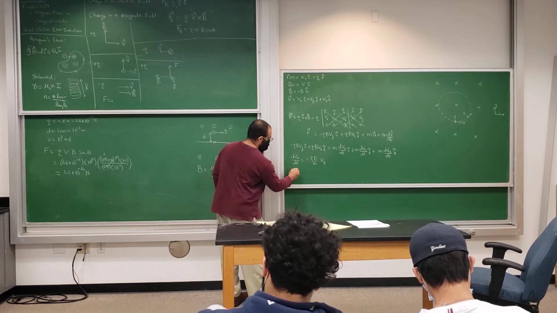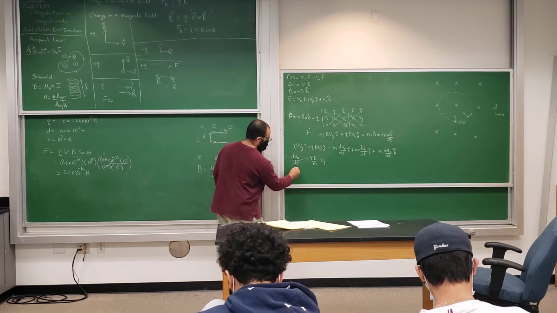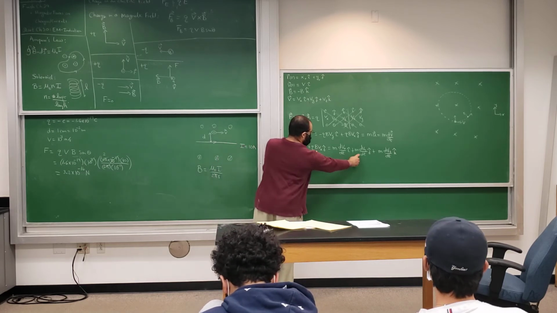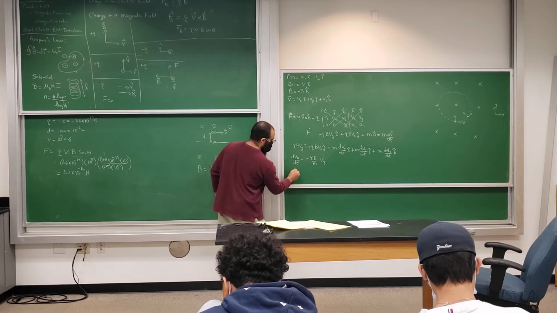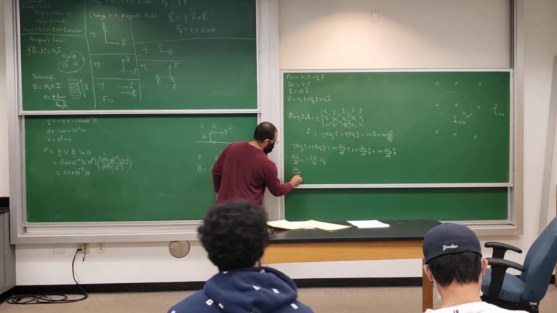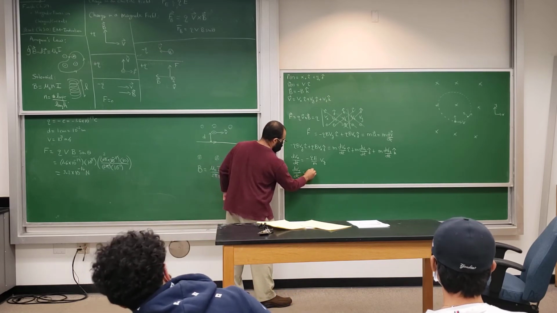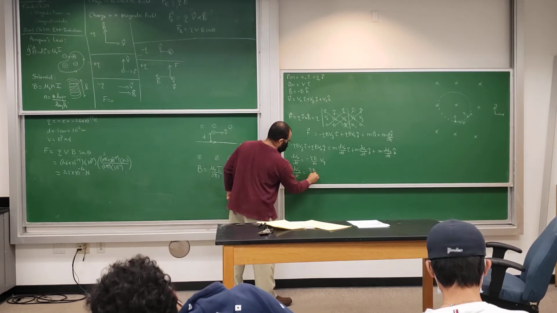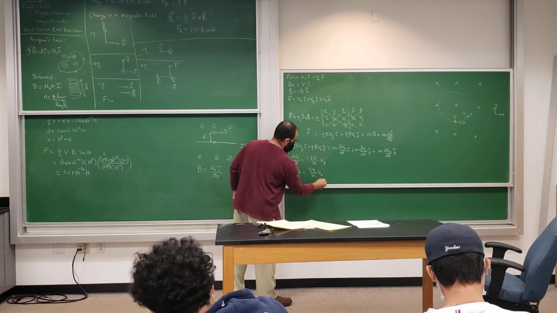And then for this, I'm going to equate these two. dvy/dt is equal to qB over m vx.